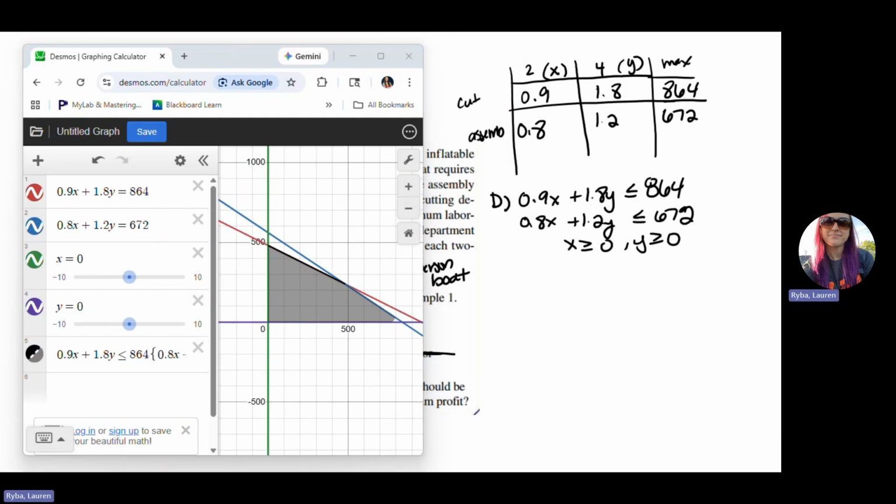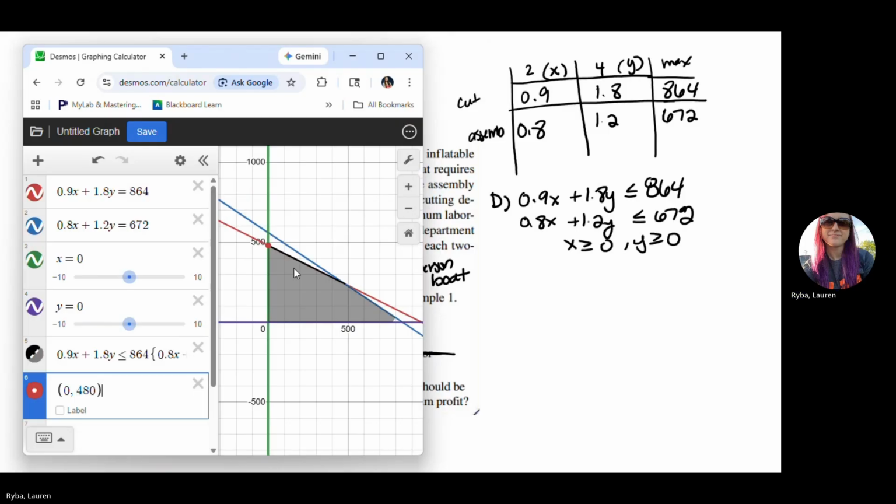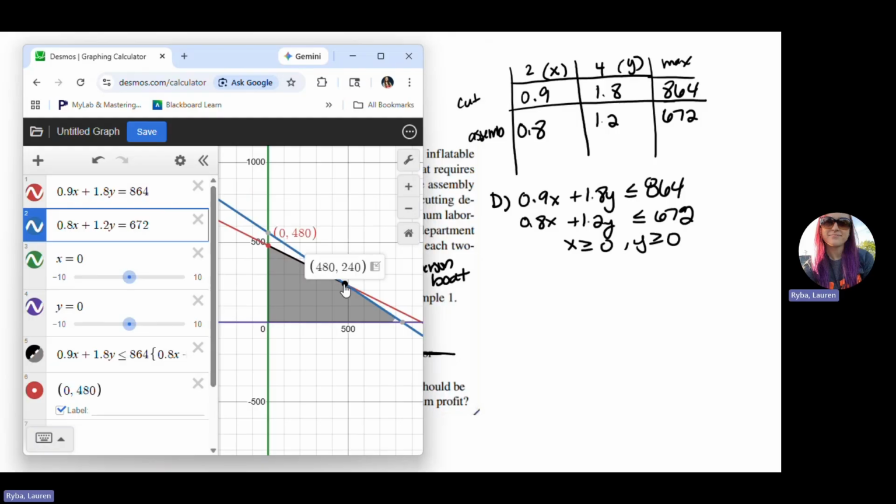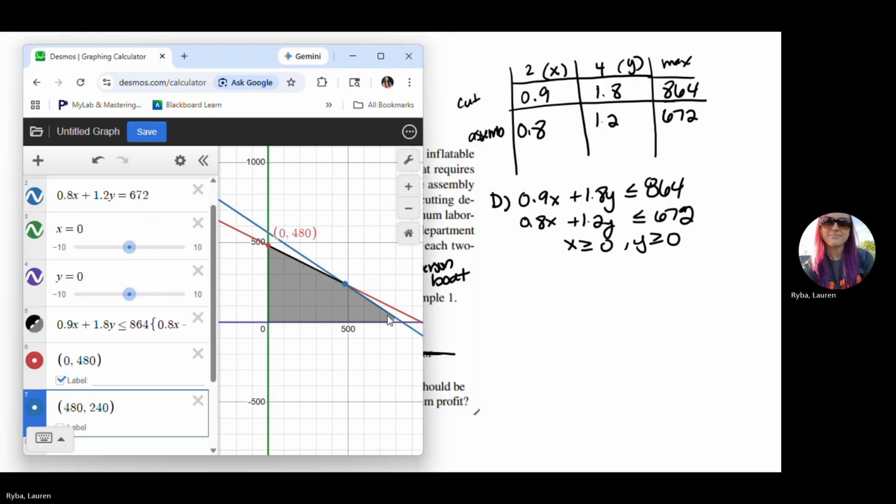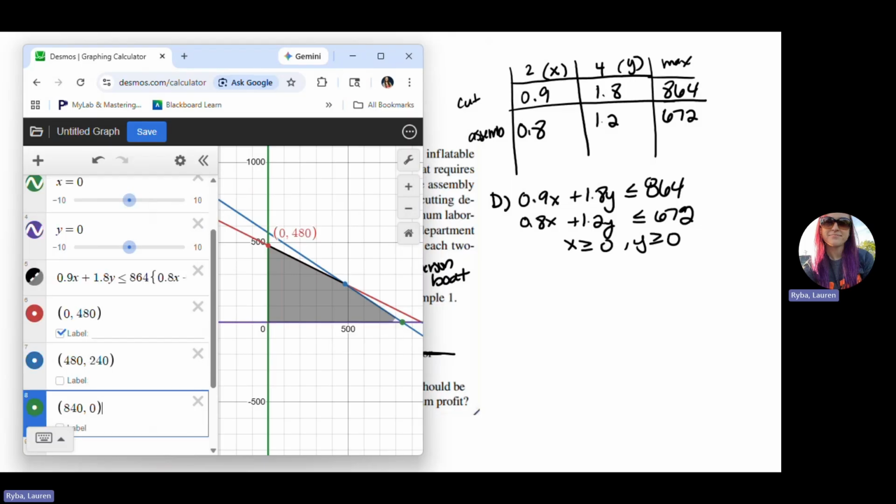If we click on our graph, so corner point 1, there's that one, corner point 2. This one's going to be a corner point here, corner point 3.